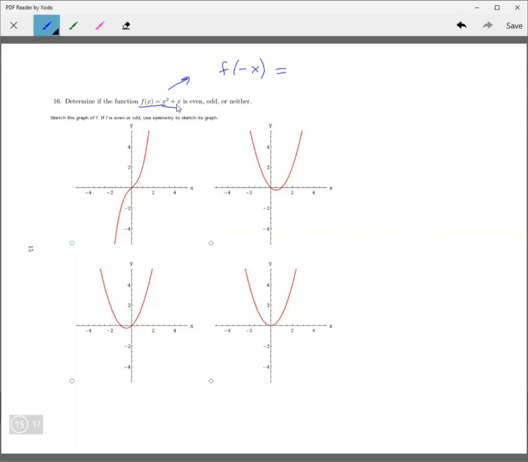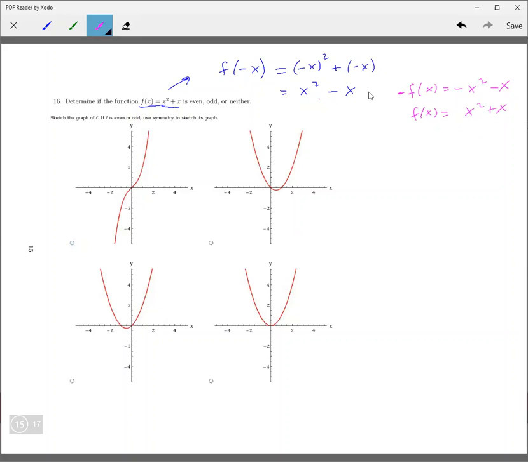f of x is x squared plus x. So you replace this x with a negative x. Replace those two with negative x's, like that. And this becomes x squared, and that becomes minus x. Okay, so now if you're looking at it from the other end, negative f of x is equal to negative x squared minus x, and f of x equals x squared plus x, right?